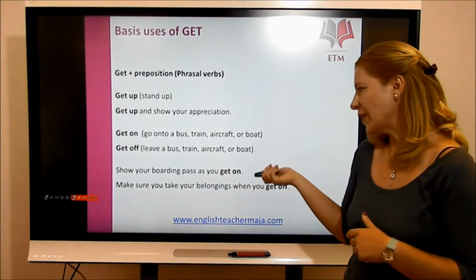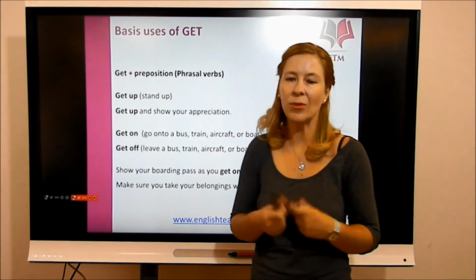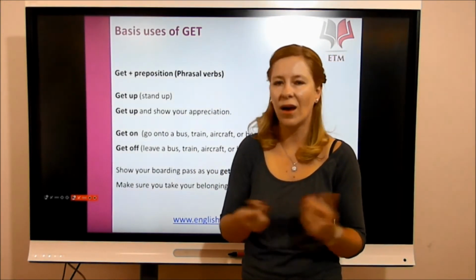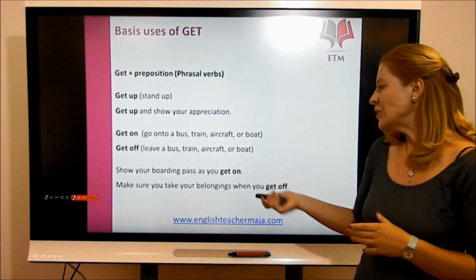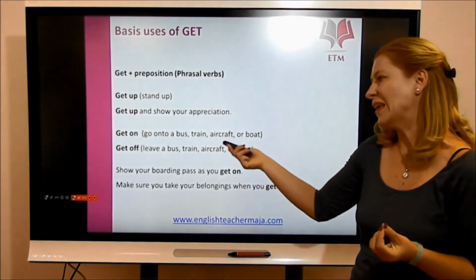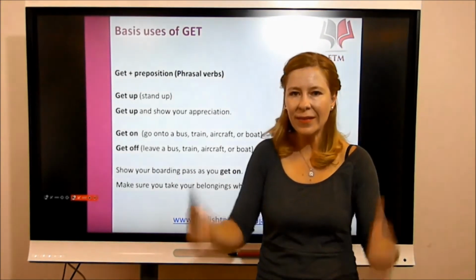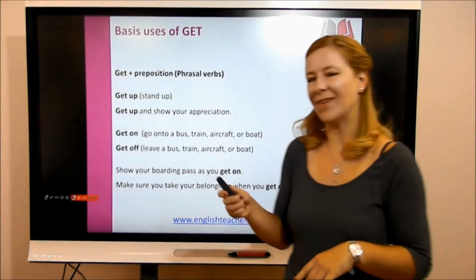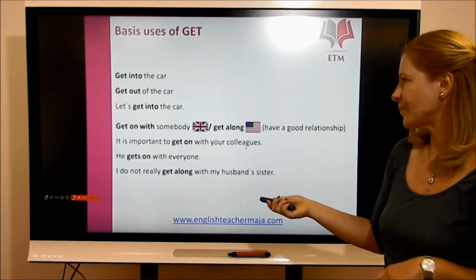So when you get on the plane, you should show your boarding pass. Boarding pass or boarding card are the same thing. Next one. Make sure you take your belongings when you get off. So when you leave a bus, train, plane, or boat, you should make sure that you didn't leave behind anything. Okay? So remember, get on, get off.